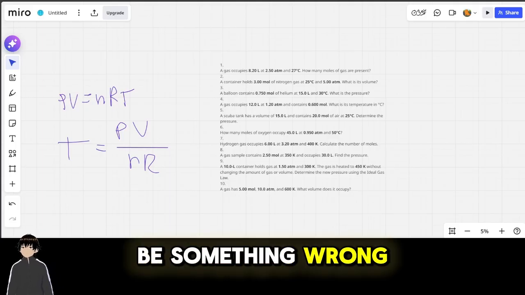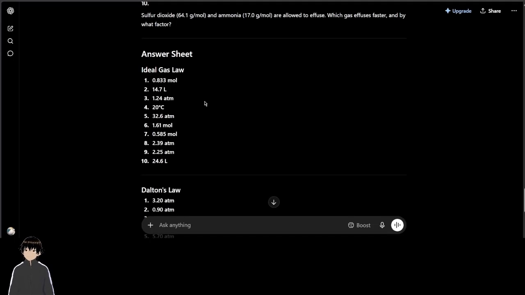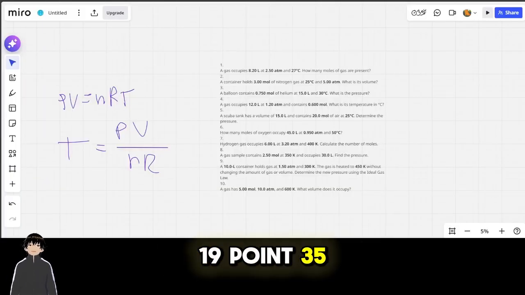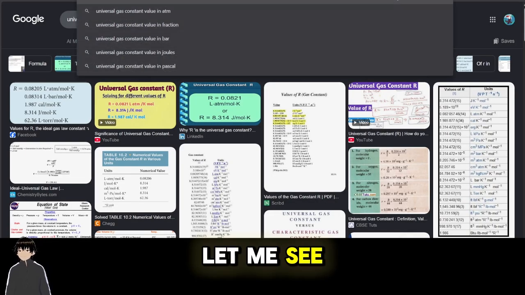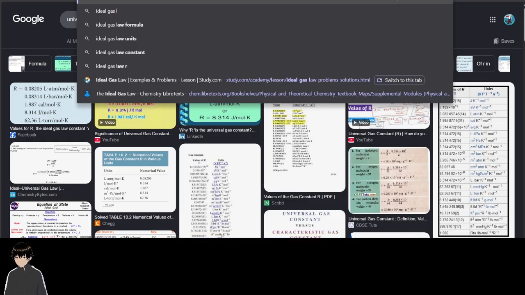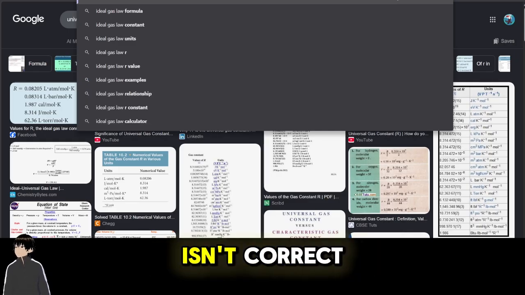There has to be something wrong here. It says here it's 20 Celsius, but I'm getting 19.35. Let me see the ideal gas law. Maybe the formula isn't correct.